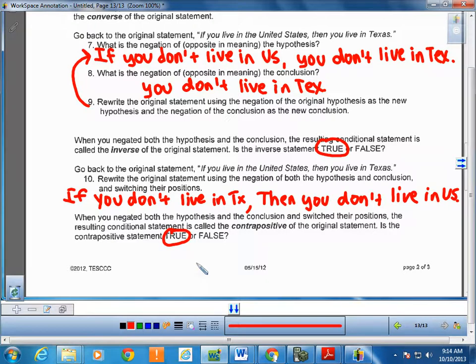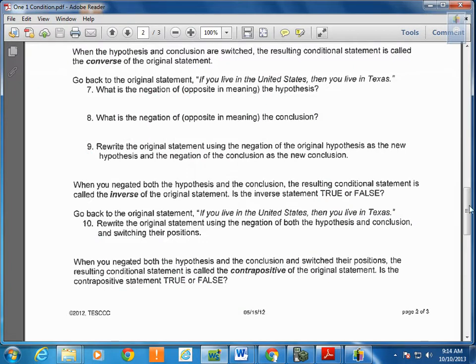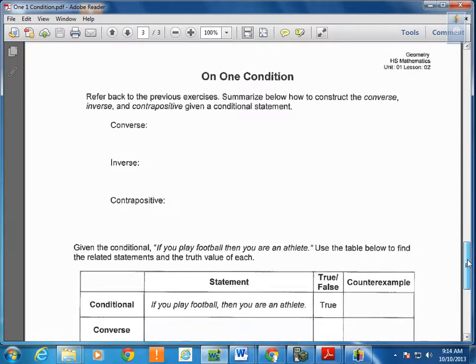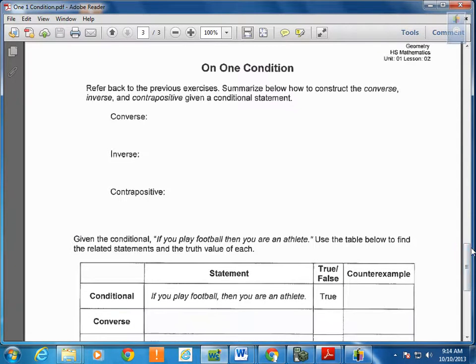And we are going to go into more detail on the converse, inverse, and contrapositive on the next set of notes. So if this is a little confusing right now, that's okay. You're going to see this again and in more detail. Summarize below how to construct the converse, inverse, and contrapositive of a given conditional statement.